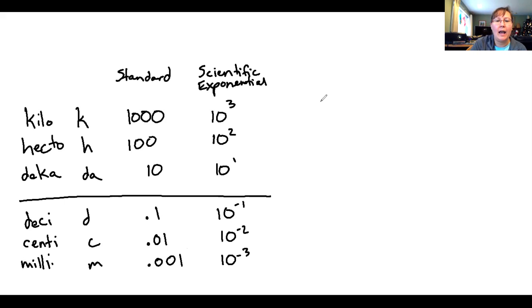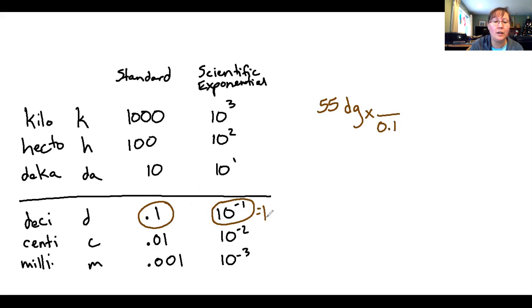So we have that 55 decigrams, we said. And according to this, we see that 0.1, and we see 10 to the negative 1. So what does that mean? Well, that means that you can either put in 0.1 or you could put in 1 times 10 to the negative 1.